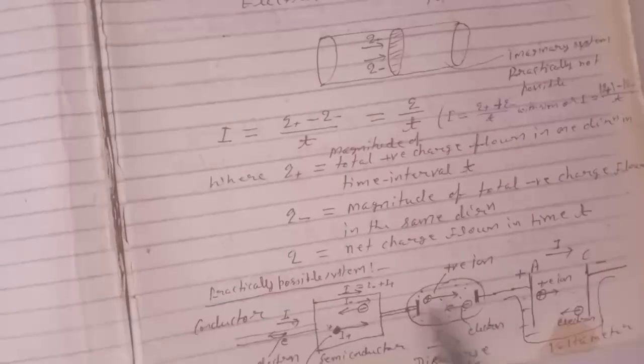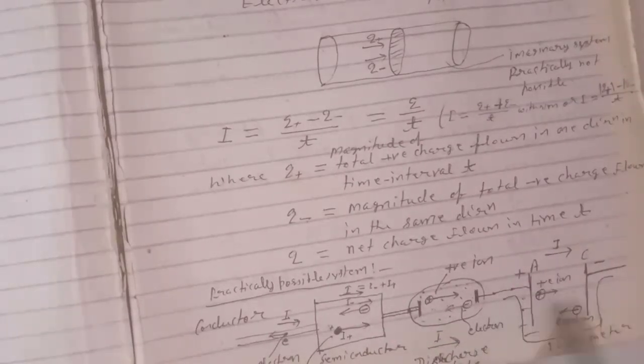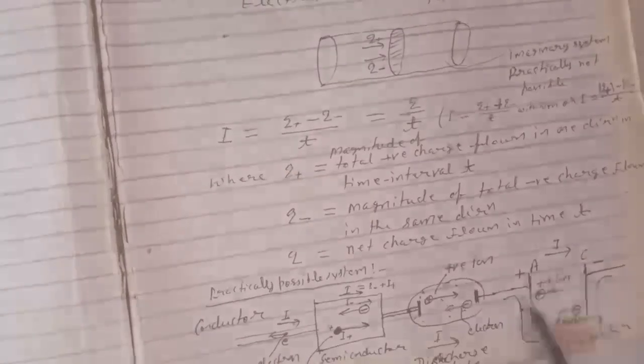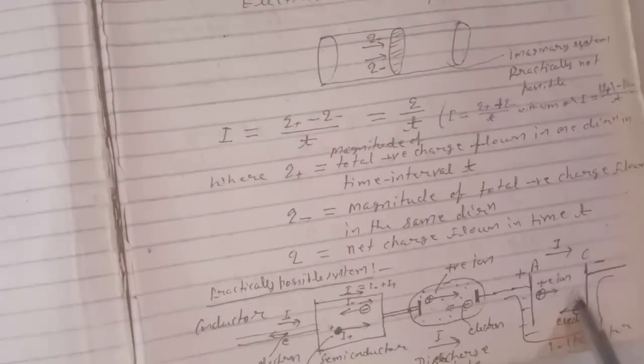Here is a positive discharge tube in which positive ions and electrons are flowing. The positive ion is flowing in this direction and the electron is flowing in this direction. So net current due to electrons will be in the opposite direction. Total current will be the current due to positive ions plus the current due to electrons. Again, here a voltameter is shown, with a solution of electrolytes. Positive ions are flowing in this direction. This is the cathode and anode.